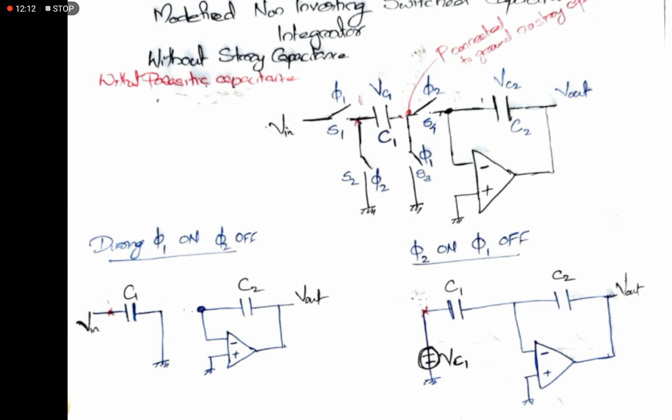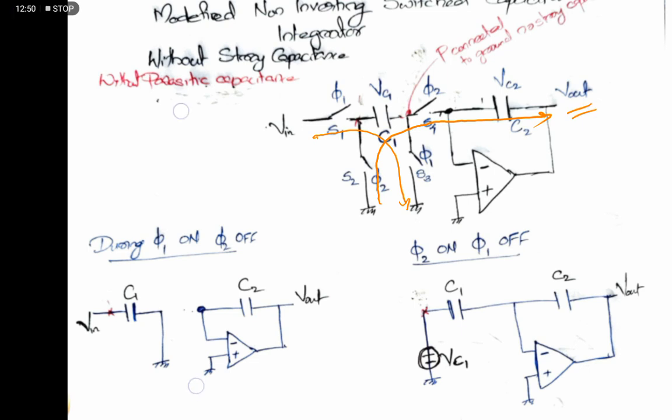Here also we consider phi 1 and phi 2 non-overlapping. When phi 1 is on, the capacitor charges like this. When phi 2 is on, the capacitor discharges like this. During phi 1, capacitor C1 charges, and during phi 2, capacitor C1 discharges to C2. We need to find the output voltage.